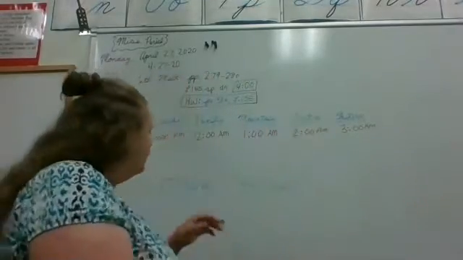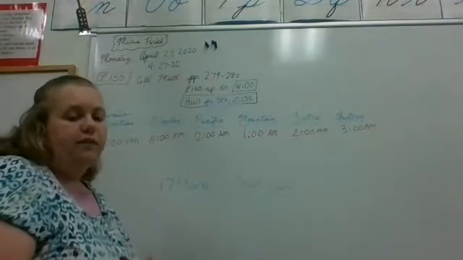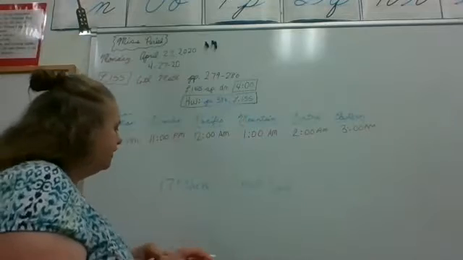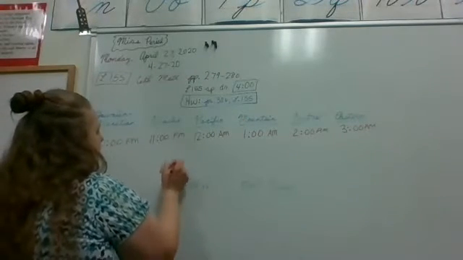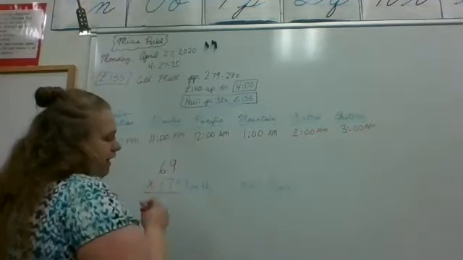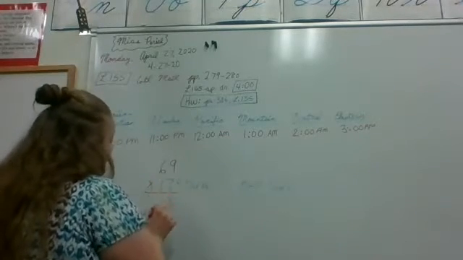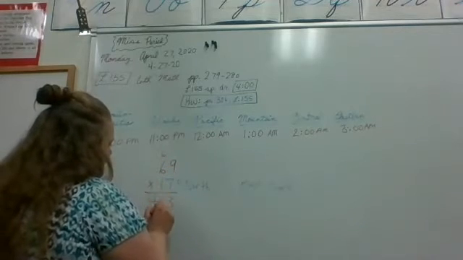So first of all, if we give 17 degrees north, we want to know how many miles it is north of the equator. How many miles from the equator? We're going to multiply times 69, okay? 7 times 9 is 63. 7 times 6, 42 plus 6 is 48.